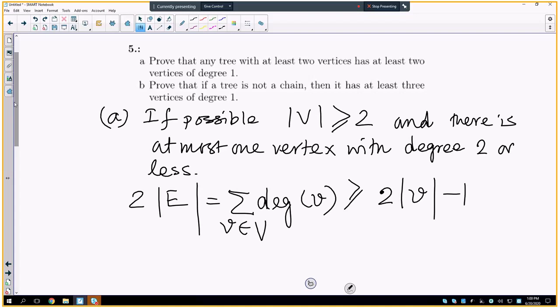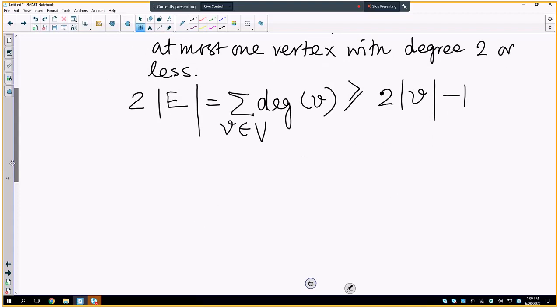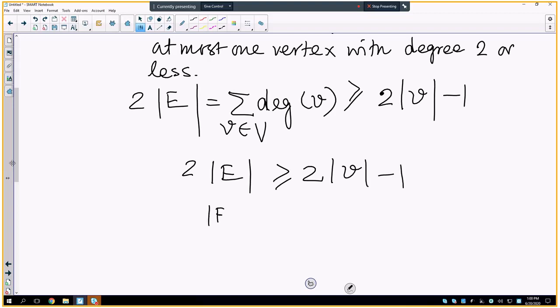So from this inequality, cardinality of the edge set times 2 is greater or equal to cardinality of the vertex set minus 1. Let's divide both sides by 2, so you get cardinality of the edge set greater or equal to cardinality of the vertex set minus 1/2.